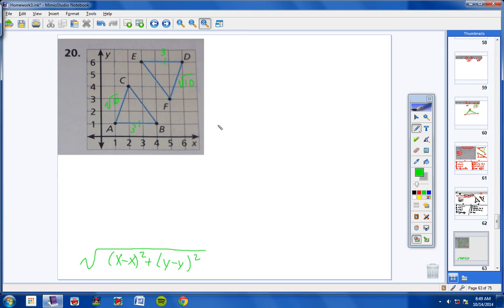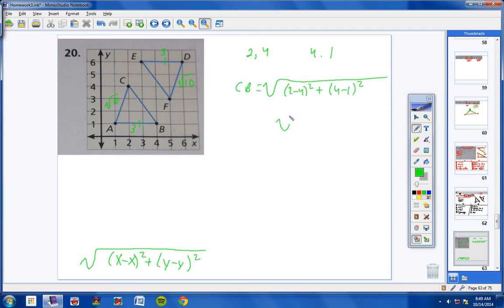And then lastly, the length of CB, we have point C is 2, 4, point B is 4, 1. So we're going to find the length of CB. And that would be x minus x, 2 minus 4, quantity squared, plus y minus y, 4 minus 1, quantity squared.